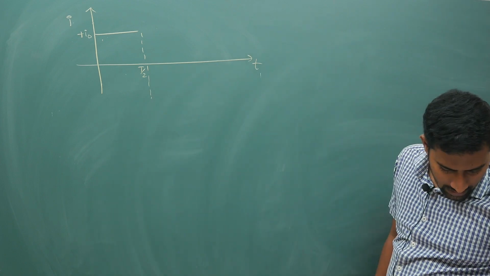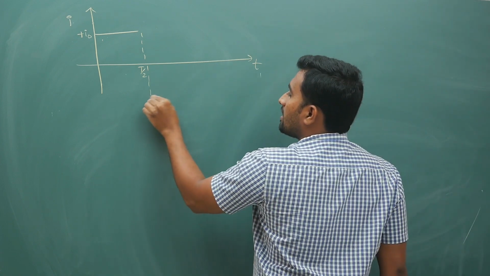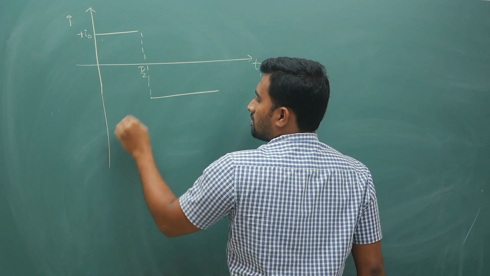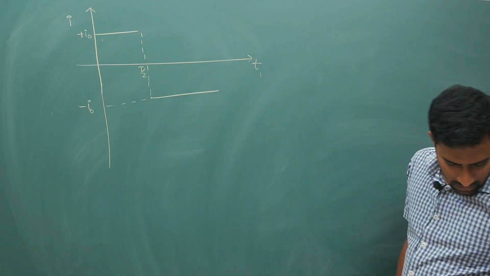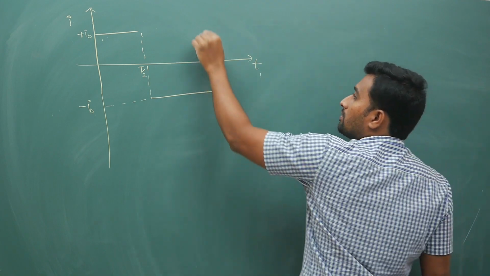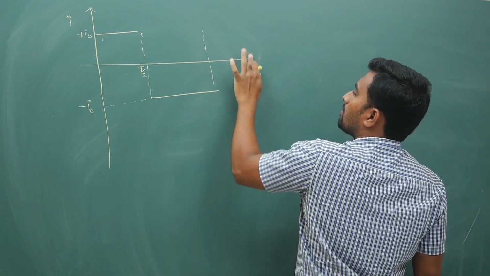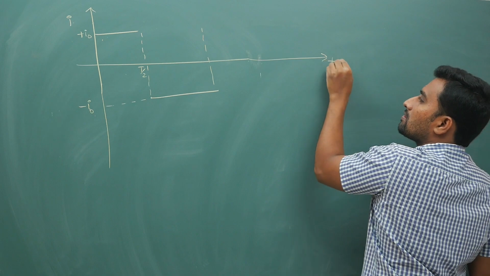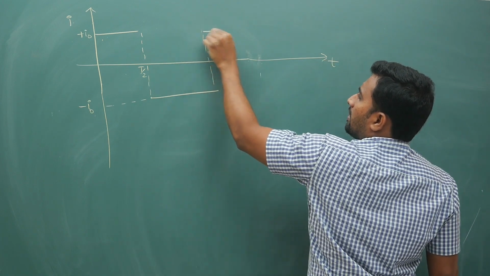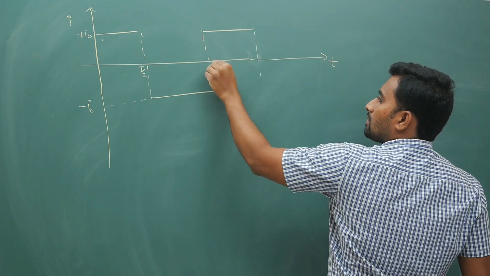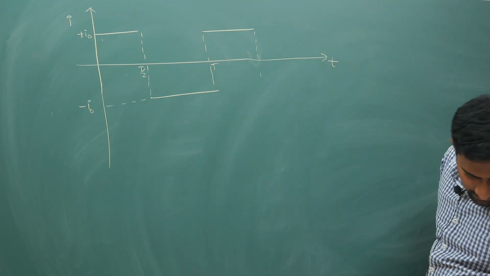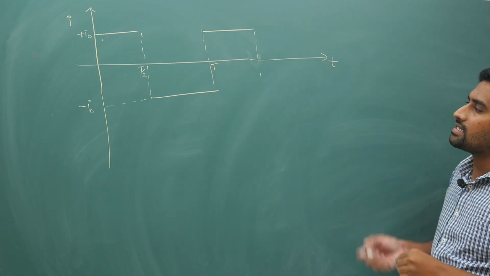For the remaining half cycle it is minus I naught. This is the graph that you have. Like this it is there.